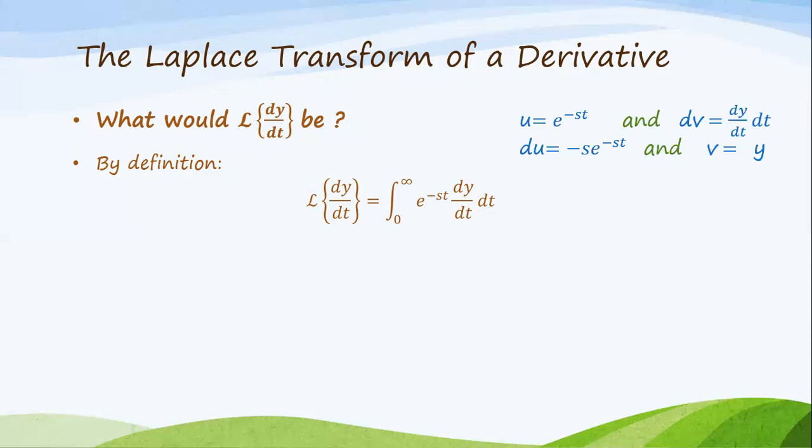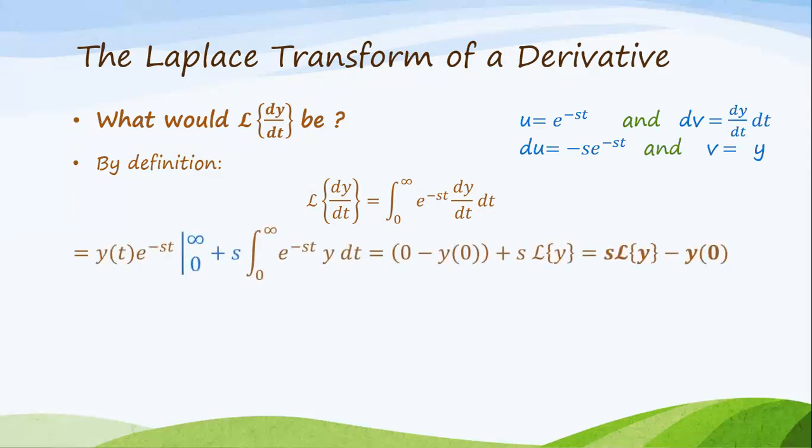So then, invoking integration by parts, we'll have a first piece that's u times v, in other words, y of t times e to the minus st, and that's going to be evaluated at the upper limit going to infinity, and at the lower limit of 0, u times v, minus the integral of v du.